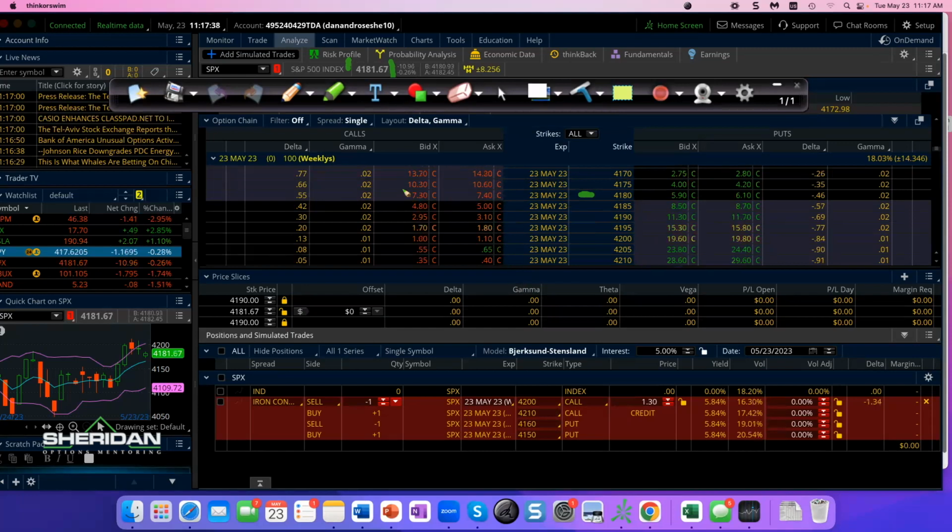So the at-the-money 4180 is about $7. The delta's near 50, so if the SPX goes up $1, this should go up by about 50 cents.